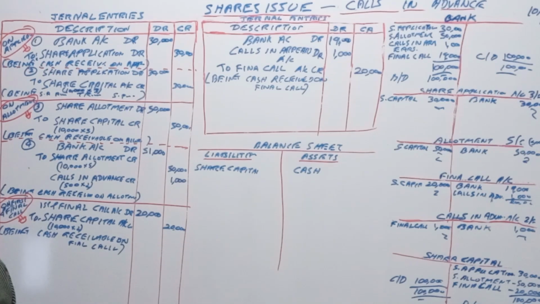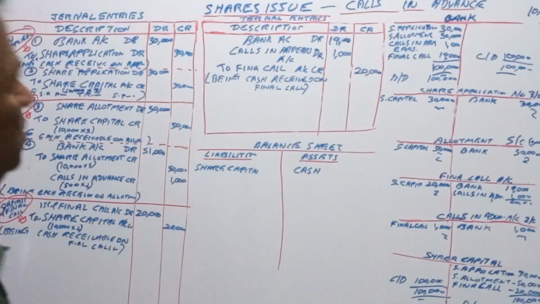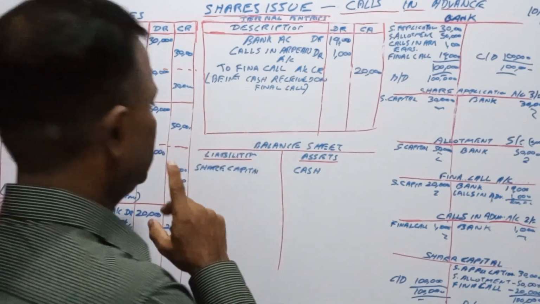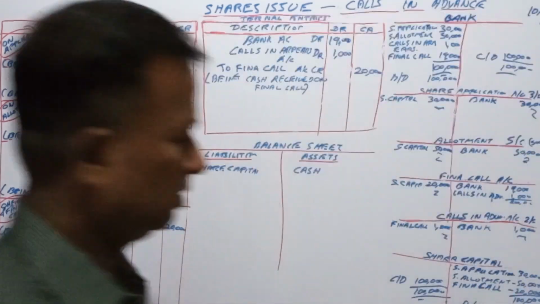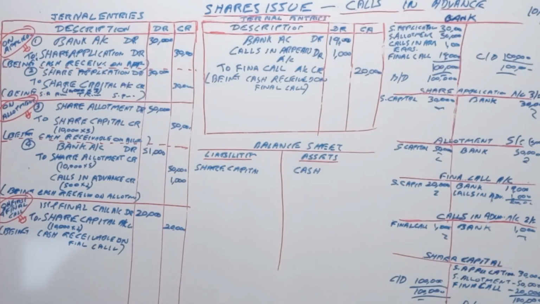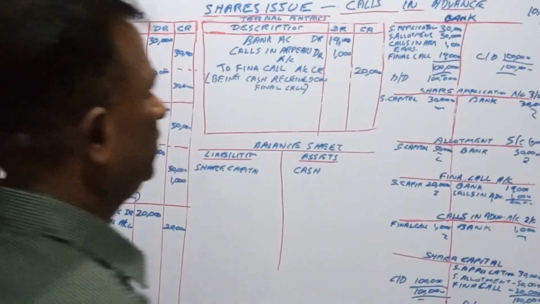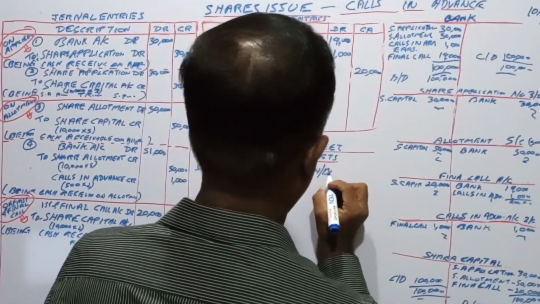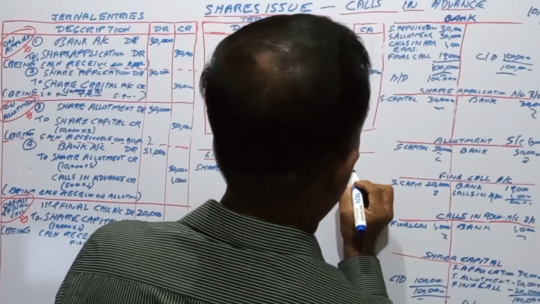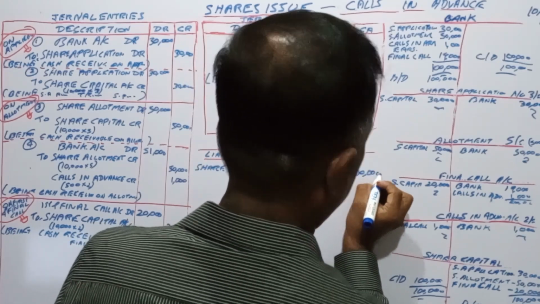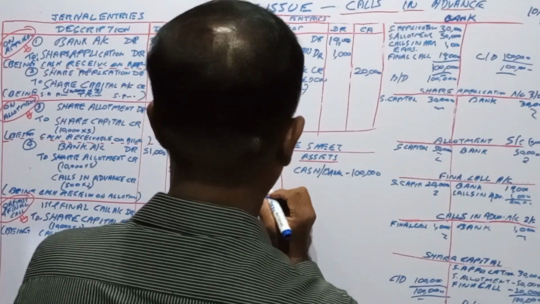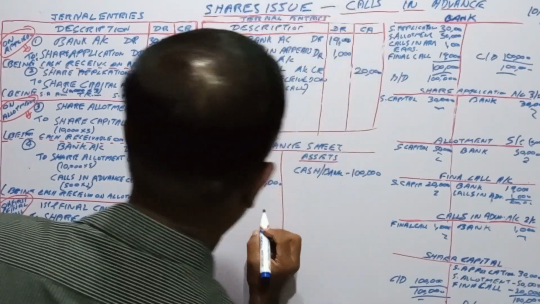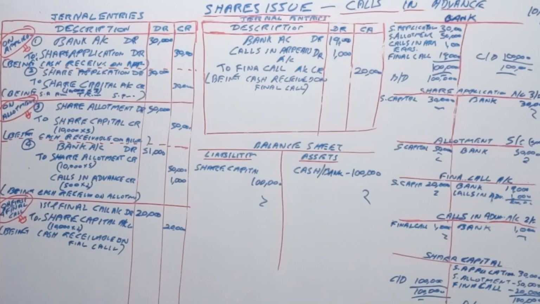Okay. So balance sheet, everything is balancing, right? We have to take bank balance 100,000 and share capital also 100,000. It is balancing. Balance sheet is also okay.